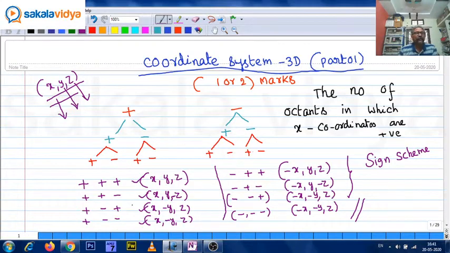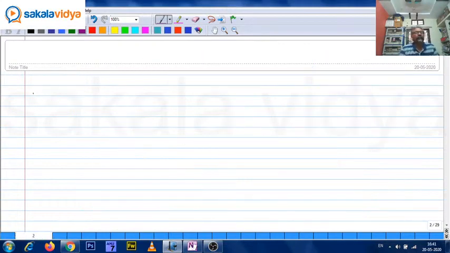So next let us move to, for example, in the space, let us consider 2 points.